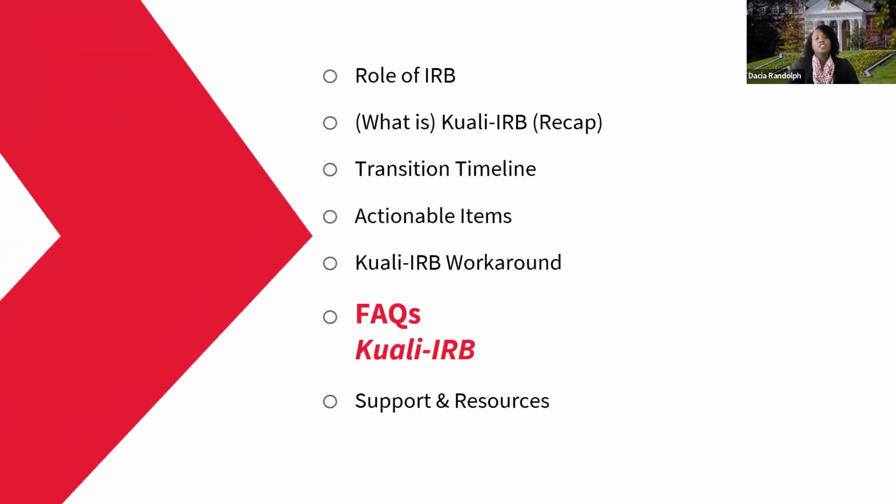All right, so what are some valuable FAQs for the transition? These are actually on the transition to Kuali-IRB webpage underneath the Division of Research's website. I captured these 10 questions to present here, but definitely check back on that page, because I'm sure they'll be adding more questions as issues or problems come up for them to fix.